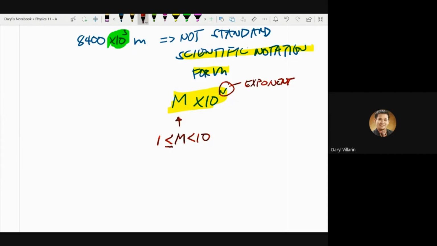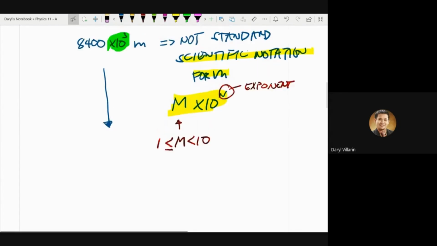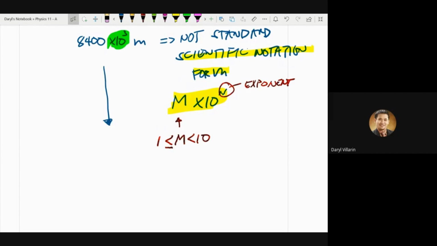So therefore, to answer this one, if I'm going to express 8,400 times 10 to the power of 3 in its normal or standard form, remember that times 10 to the power of 3 tells me that I'm moving my decimal place 3 places to the right. So 8,400 times 10 to the power of 3 is the same thing as 8400.